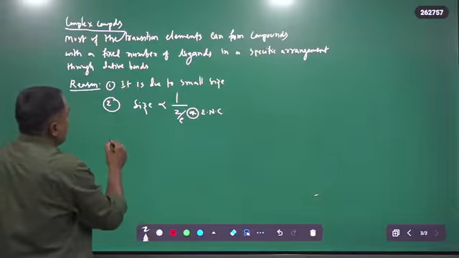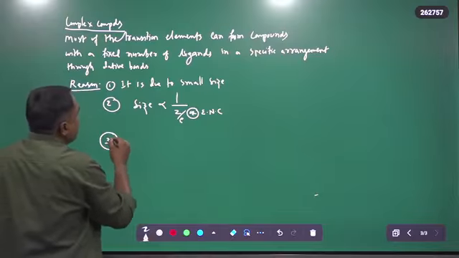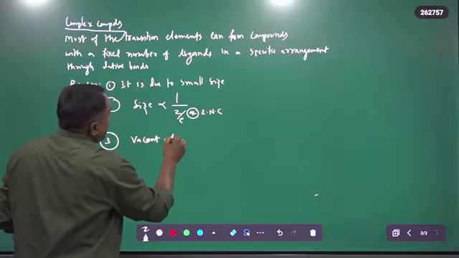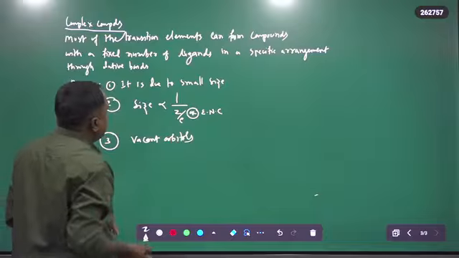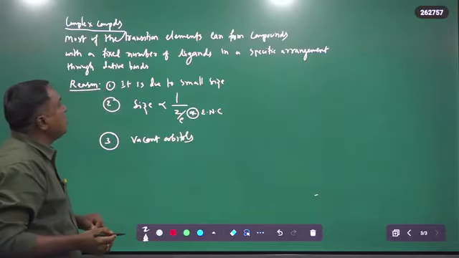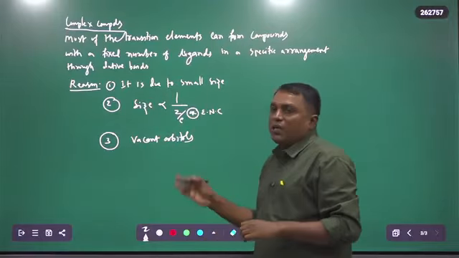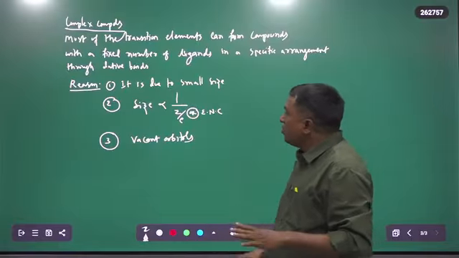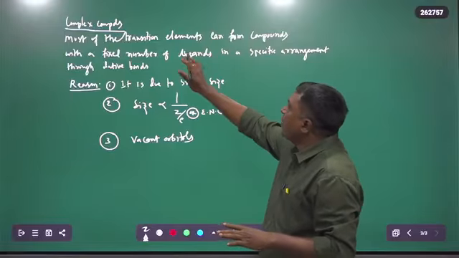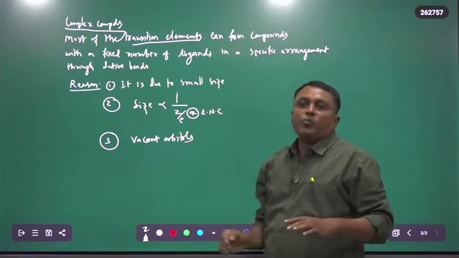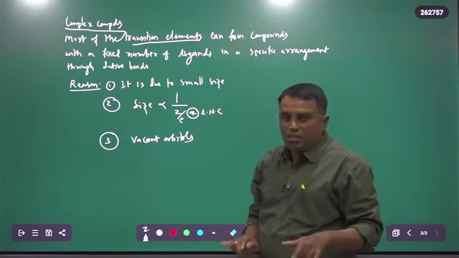The third point is vacant orbitals. The presence of vacant orbitals in the transition elements makes complex compound formation very easy. So due to these reasons, transition elements exhibit complex compound formation very easily.